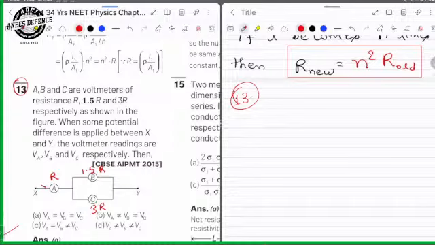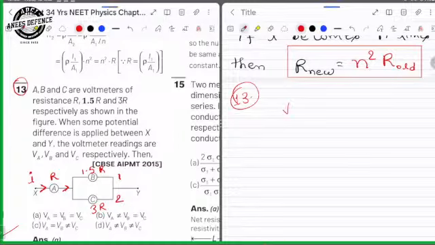Listen carefully. Just consider current I is flowing, right? So current I is flowing, and I will come here. Resistances are in which ratio? 1:2. So current will be in which ratio? 2:1.